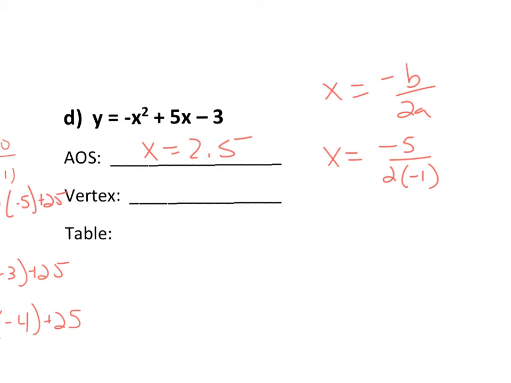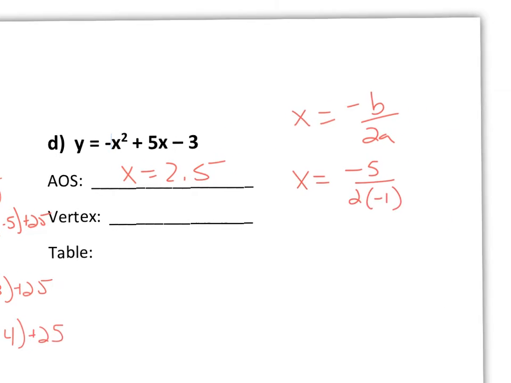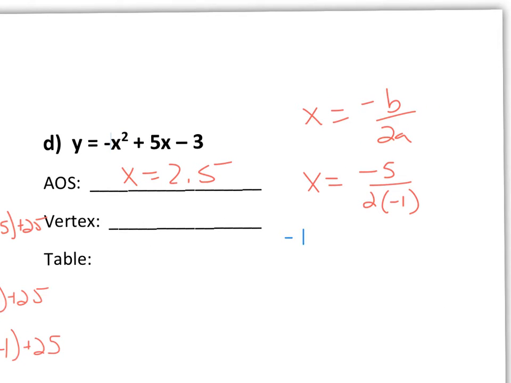Now, guys, when you are plugging this in on your calculator, please, please, please type in this -1 in front. Otherwise, your calculator will not read it correctly. Okay, so when I'm typing this into my calculator, I'm putting -1 times 2.5 squared plus 5 times 2.5 minus 3.